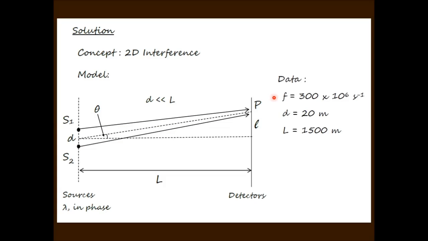So we indicate these parameters in our data. The frequency we will write down directly as 300 million per second. Likewise, we will write down our L parameter directly as 1,500 meters.